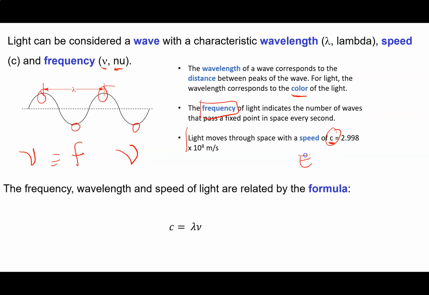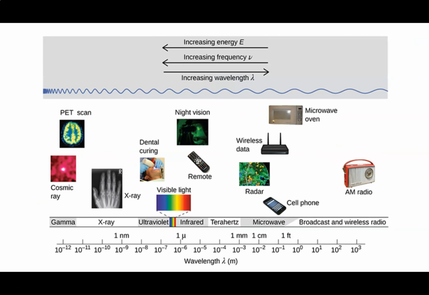Probably the most famous equation that uses this is E equals mc squared. The frequency, wavelength, and speed of light are related by this formula: the speed of light is equal to the product of its wavelength and frequency. So c equals lambda nu. If you are given two of these parameters, you can always calculate the third.